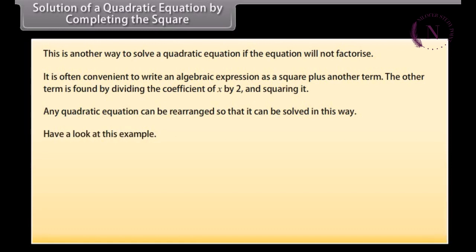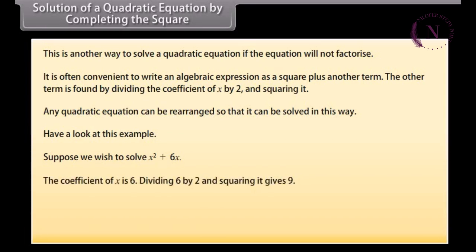Have a look at this example. Rewrite x squared plus 6x as a square plus another term. The coefficient of x is 6. Dividing 6 by 2 and squaring it gives 9. x squared plus 6x is equal to x squared plus 6x plus 9 minus 9, which equals x plus 3 whole squared minus 9.